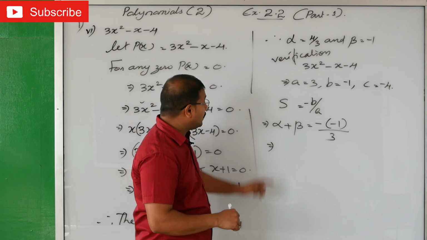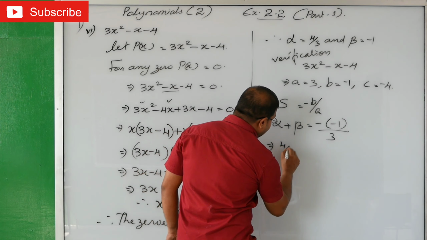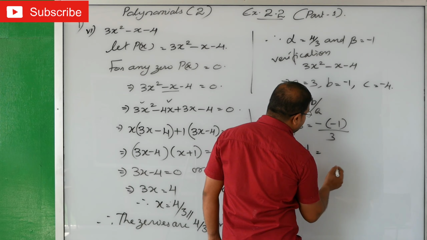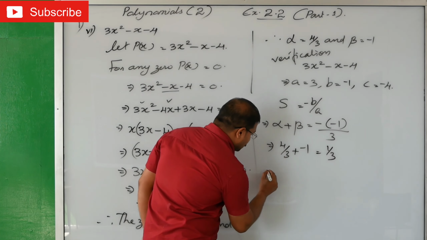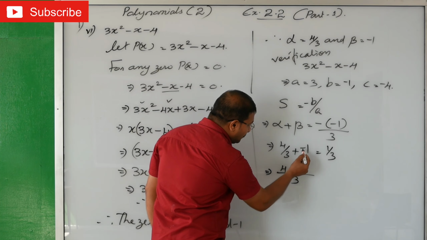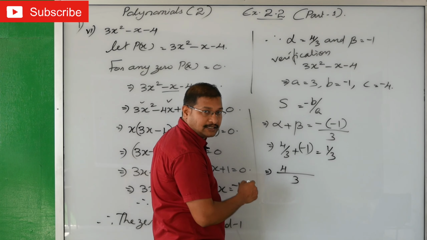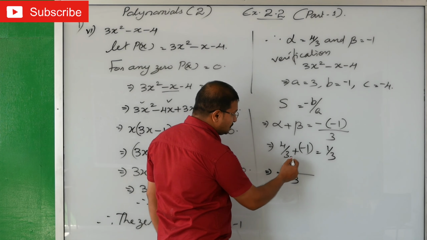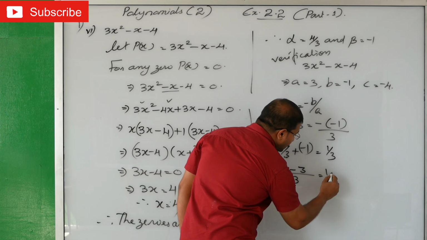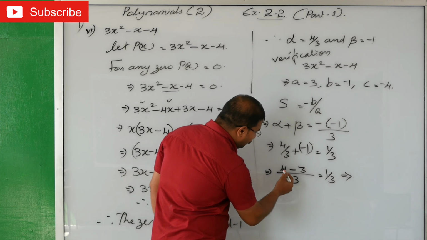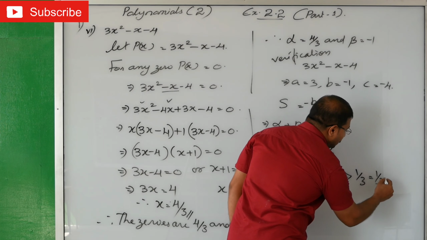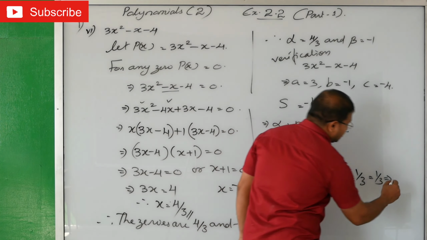Now, what is the value of alpha? 4 by 3 plus beta, which is minus 1, equals 1 by 3. So this implies LCM is 3. Now we'll write 4 already here. Now plus and minus, so we can keep this in bracket. So plus and minus, minus. Now this 3 will multiply to here. So 3 ones are 3, equals 1 by 3. This implies, see, 4 minus 3, that's 1. That means 1 by 3 equals 1 by 3. That implies LHS equals RHS.